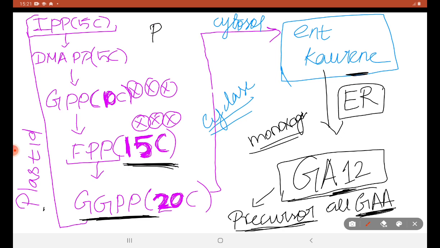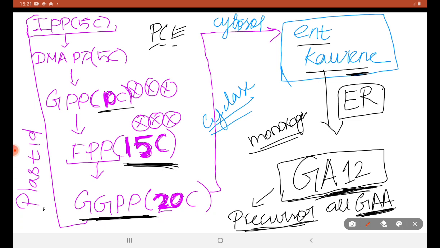The keyword is PCE: plastid, cytosol, endoplasmic reticulum. ENT kynurin is in cytosol, GA12 in endoplasmic reticulum.